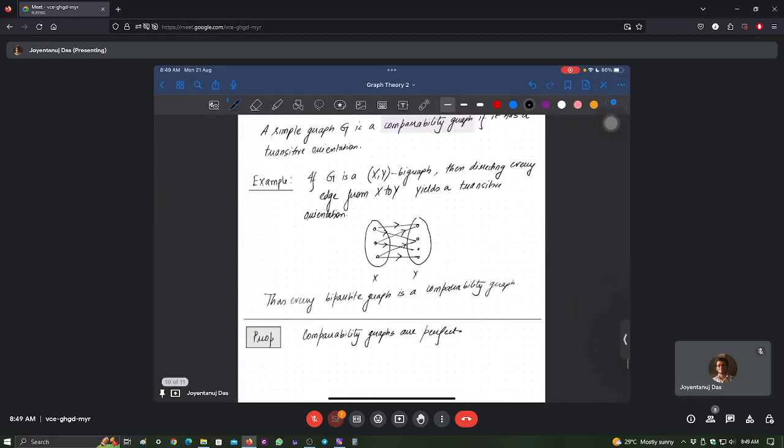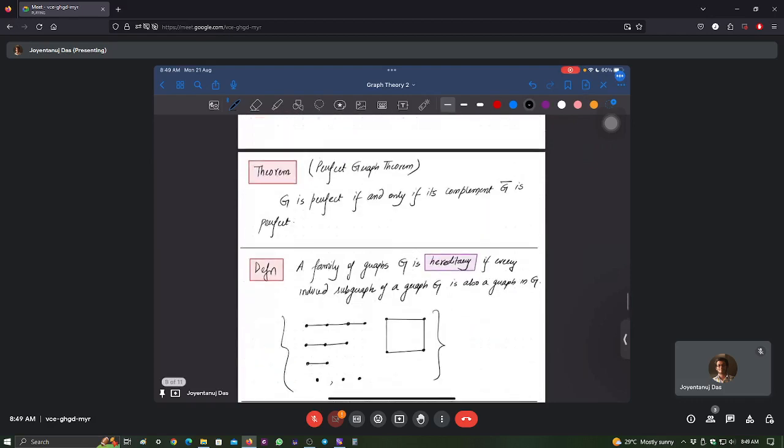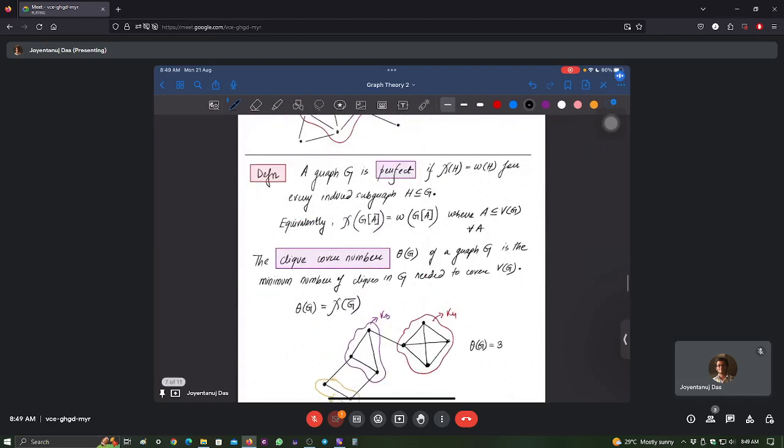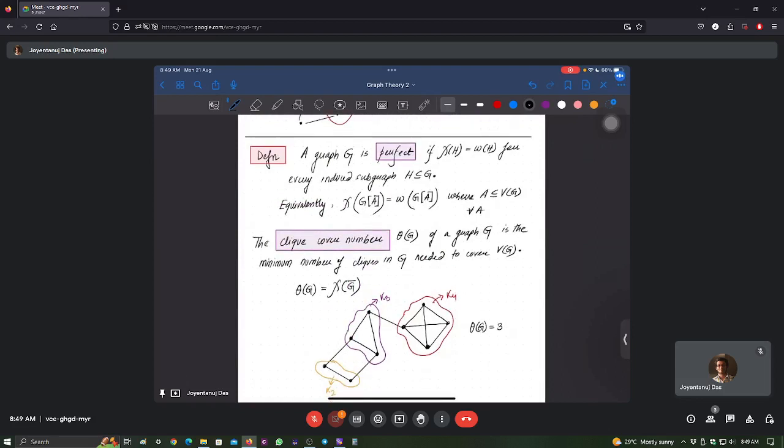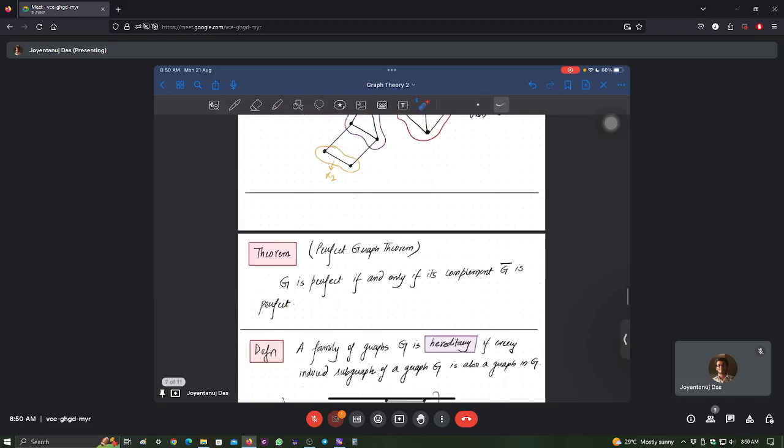We defined it here. A graph is said to be perfect if the chromatic number is the same as the clique number for every induced subgraph.